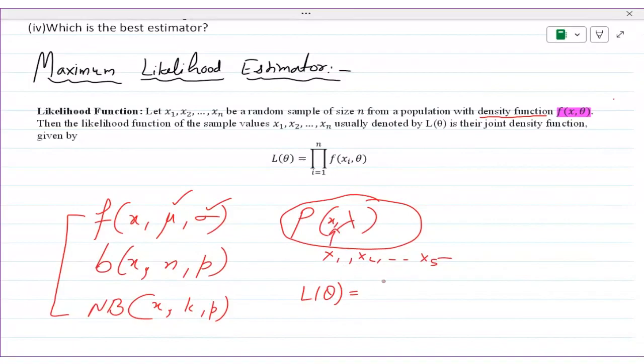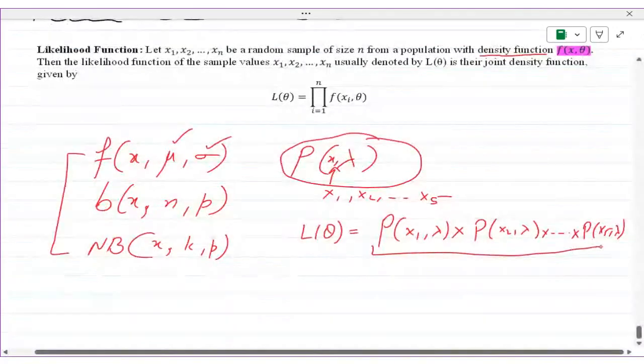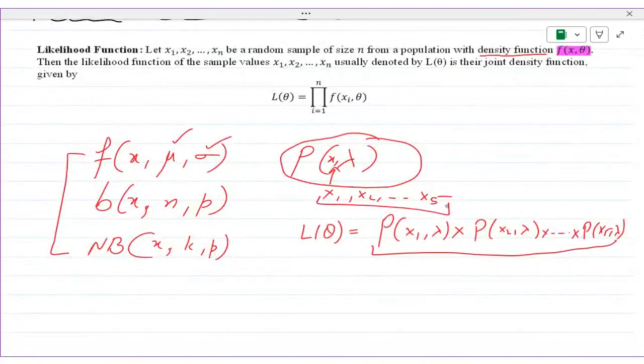The probability of x1 comma lambda into probability of x2 comma lambda, and so on, up to probability of x5 comma lambda. So this will be the likelihood function of a sample of 5 values. Likelihood function just means that you are multiplying the probability density functions at the values of the sample.